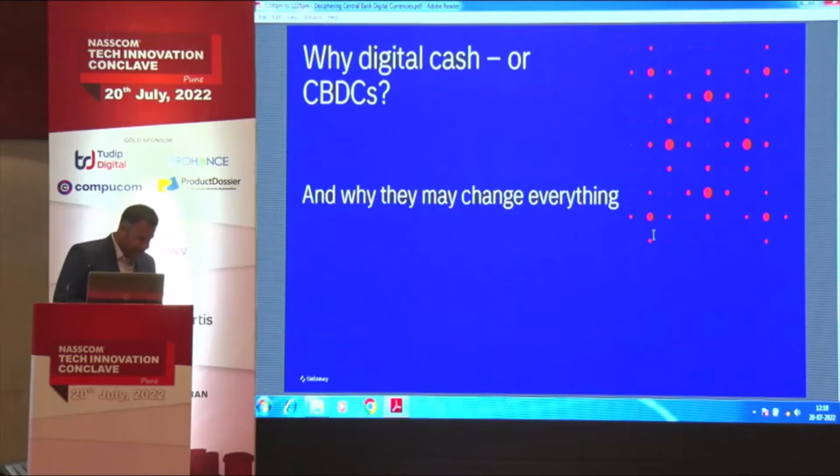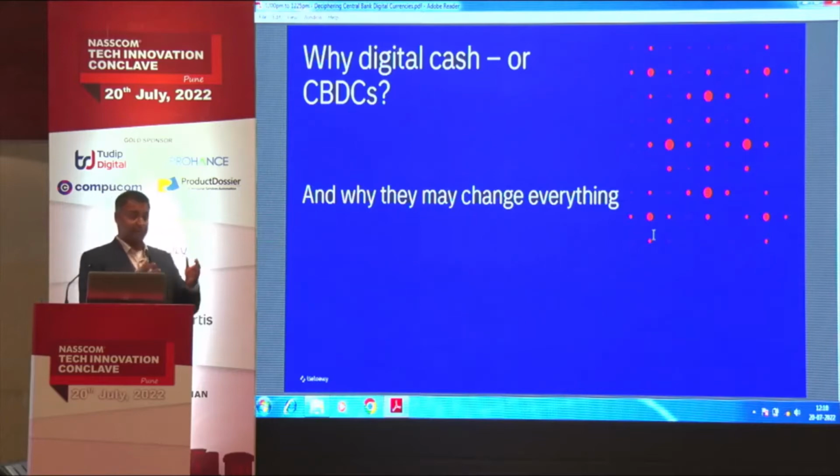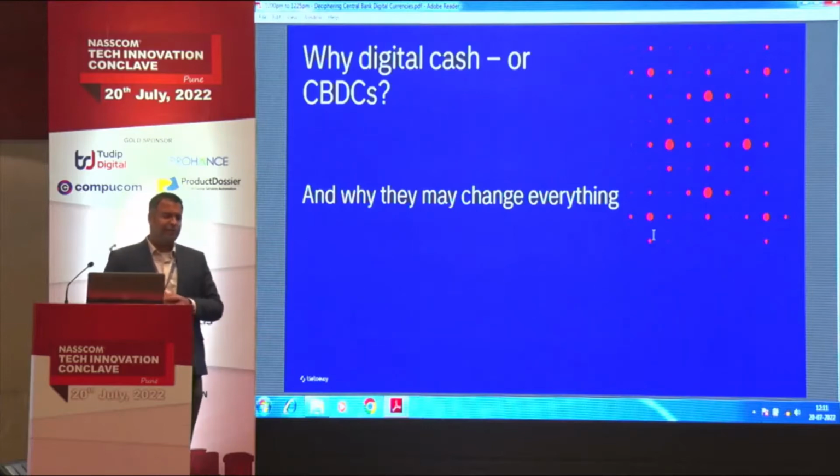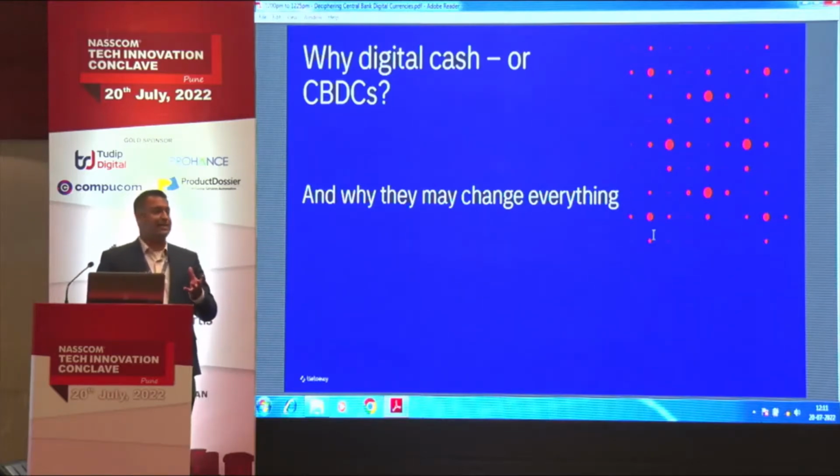Okay, let's start with why do we need a digital cash? People can say financial inclusion is much better in today's world. People are using accounts, but why digital cash, right? Different central banks in different parts of the world have different problems. For example, in India, we still have 50% cash usage.